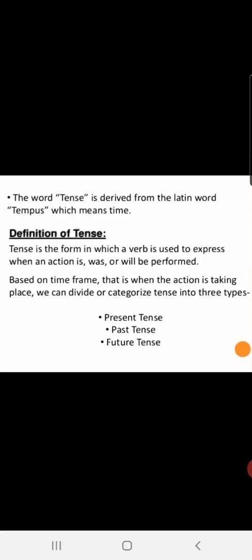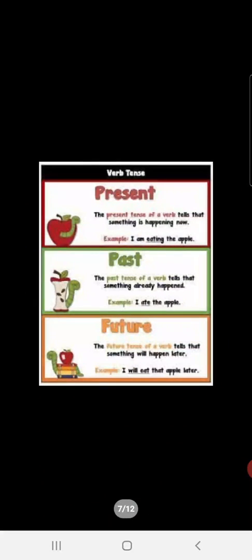That means, children, when we read a sentence, based on the verb of the sentence, we will see that the sentence is in present tense, that means now, past tense, that means yesterday, or future tense, that means tomorrow. Okay? Tenses are divided in three parts, children: present tense, past tense, and future tense. Okay? Now let us see one example.